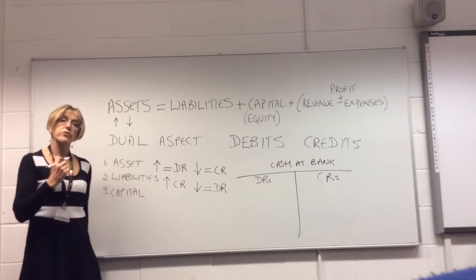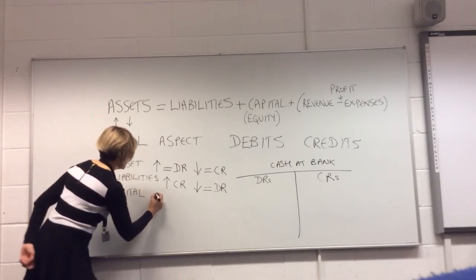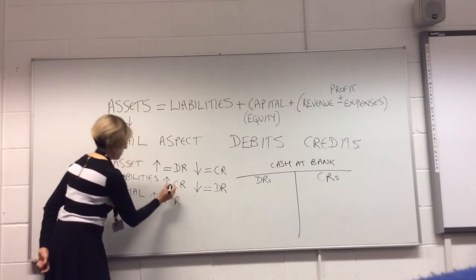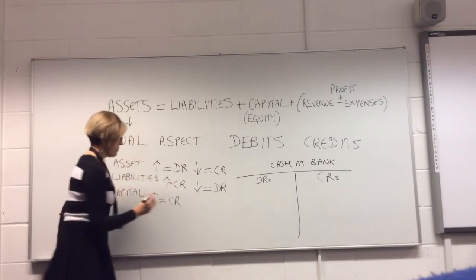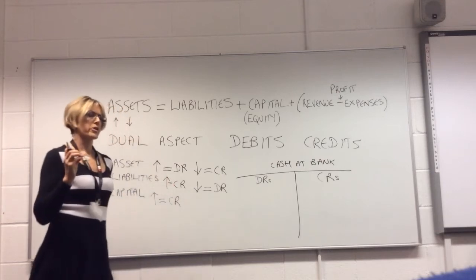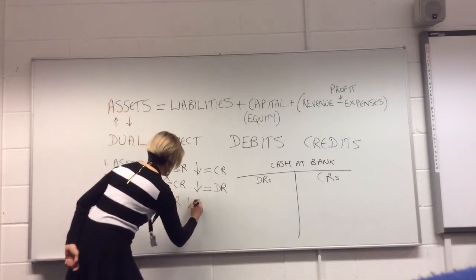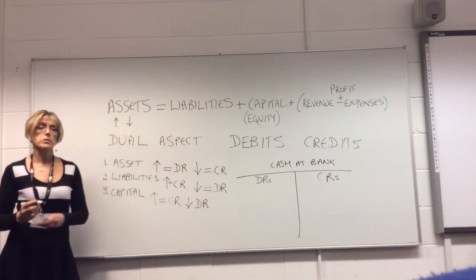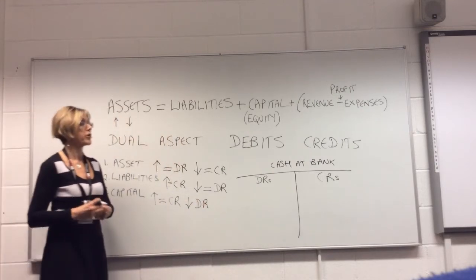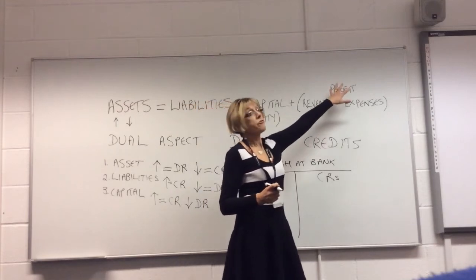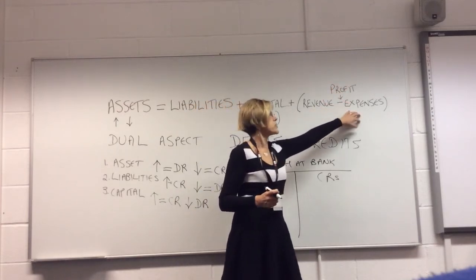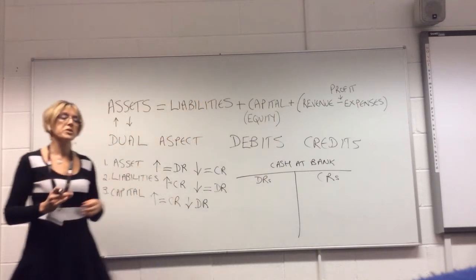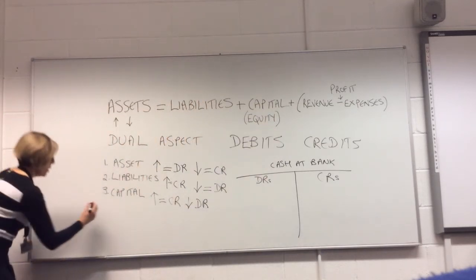So again, if we have an increase in capital, we've got a credit, and if we've got a fall in the capital, we've got a debit. Typically, capital increases when a business makes profit, because look, profit, revenue minus expenses, is part of capital, what the business owes to the owners.